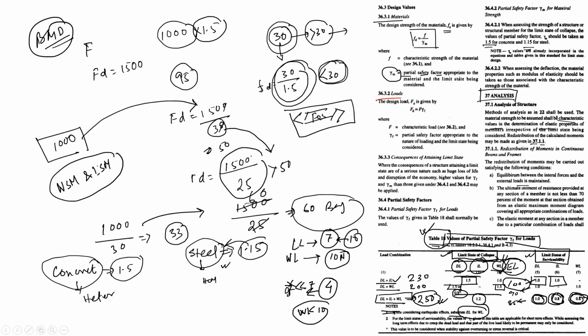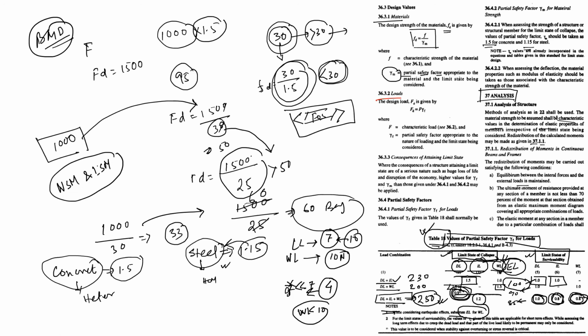At a time you use either WL, I mean wind load, or otherwise earthquake load. The value 0.9 is considered when stability against overturning or stress reversal is critical. So 0.9 is used when stress reversal occurs. For the limit state of serviceability, the table is not necessary.